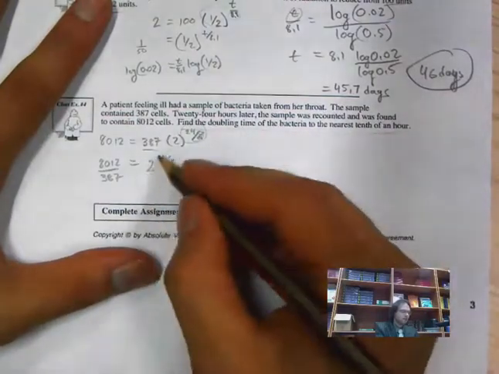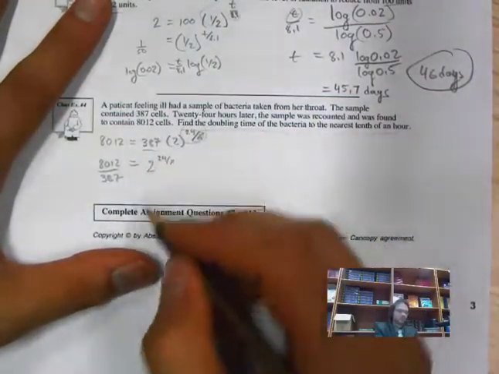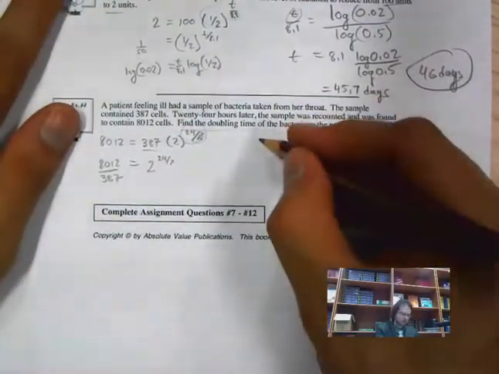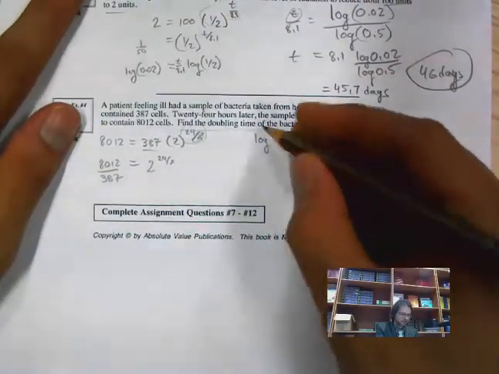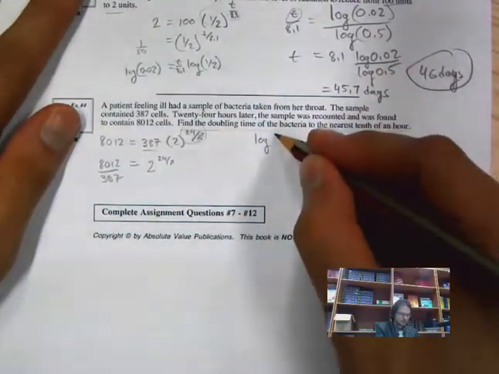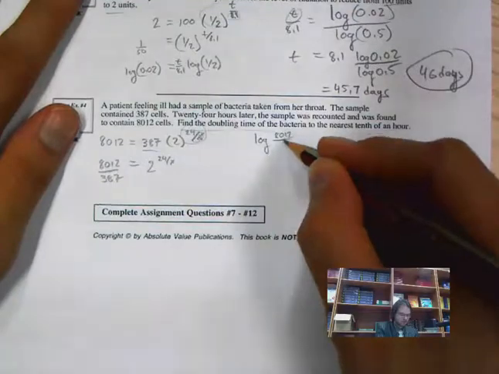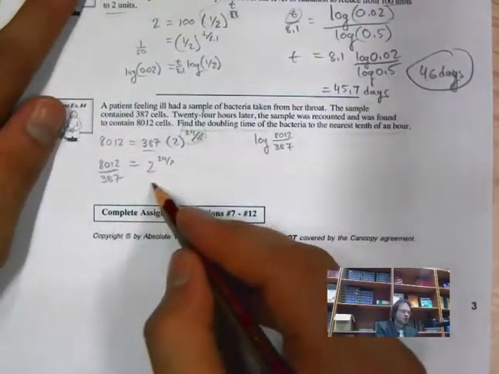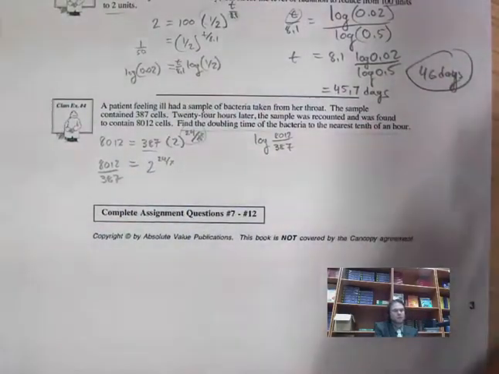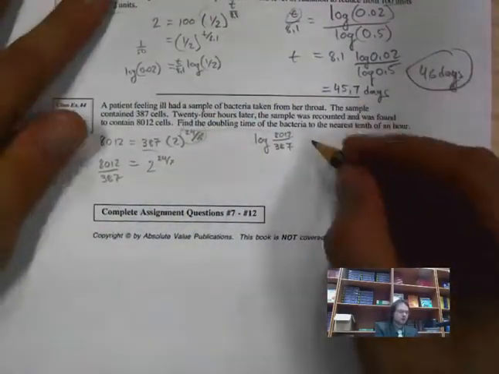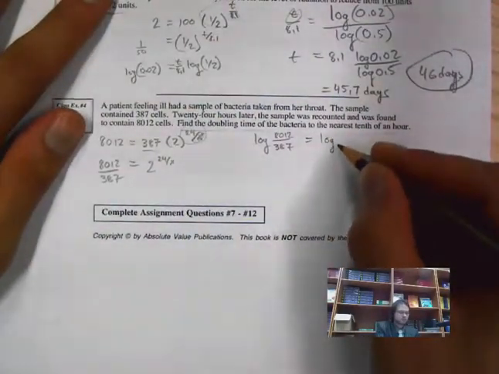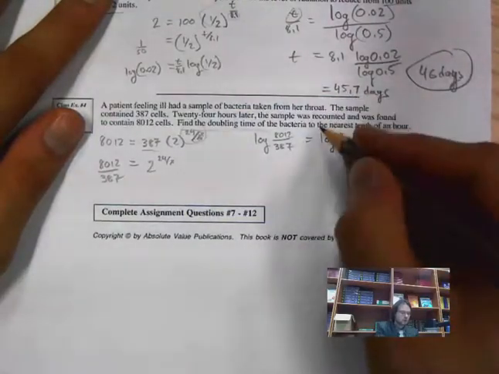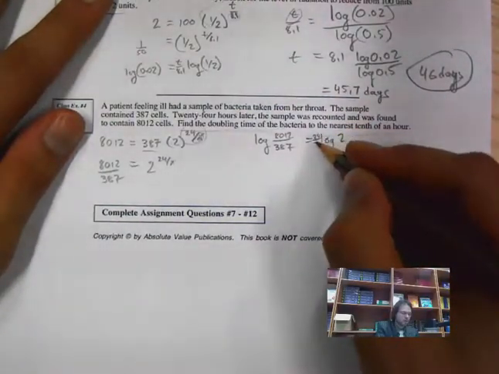I'm going to have to log both sides. I could also just change the base, say log base 2, but we're going to be calculating with our calculator, so I'm just going to keep it like this right now. And we have 24 all over x.